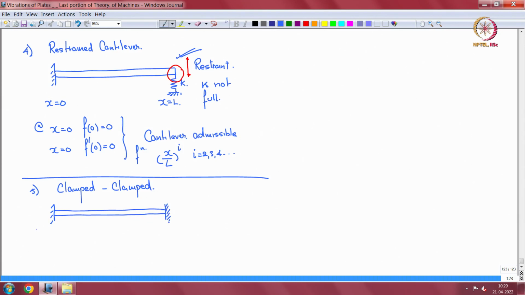So what are the conditions? At x equal to 0, f will be 0 and f dash will be 0, and at x equal to L also, f of L is 0 and f dash of L is 0.